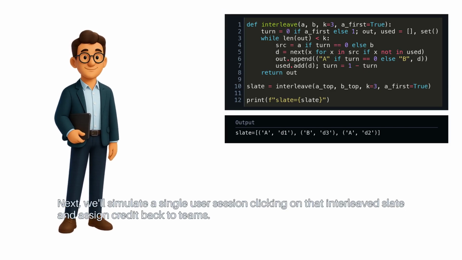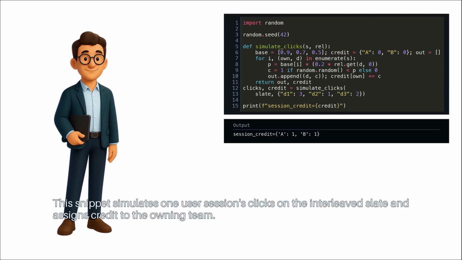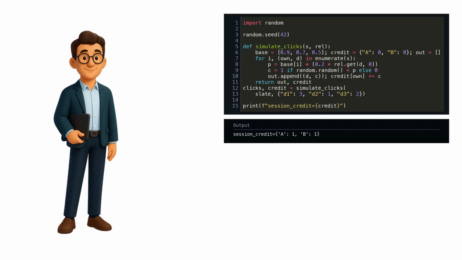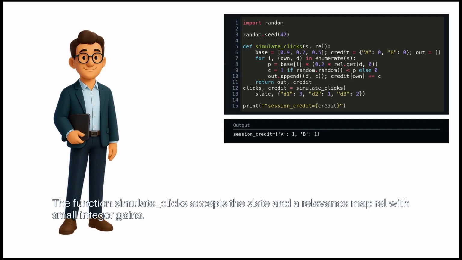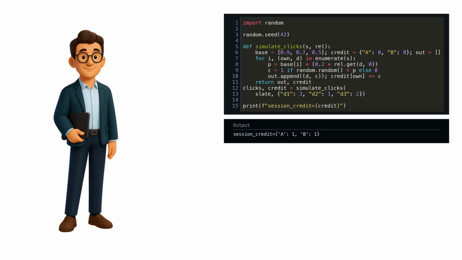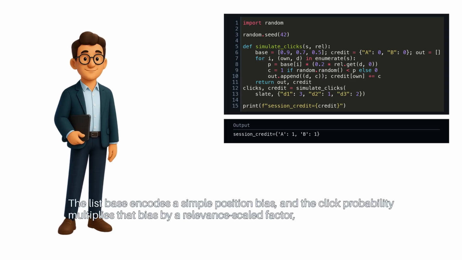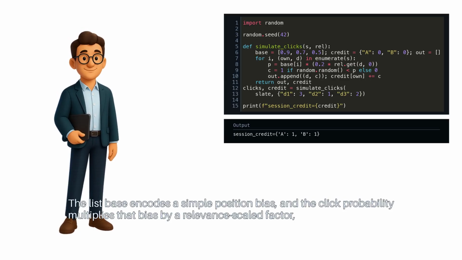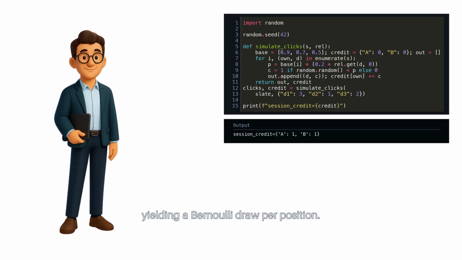Next, we'll simulate a single user session, clicking on that interleaved slate, and assign credit back to teams. This snippet simulates one user session's clicks on the interleaved slate and assigns credit to the owning team. The function simulate clicks accepts the slate and a relevance map rel with small integer gains. The list base encodes a simple position bias, and the click probability multiplies that bias by a relevance scaled factor, yielding a Bernoulli draw per position.